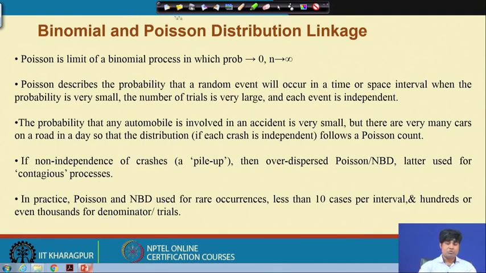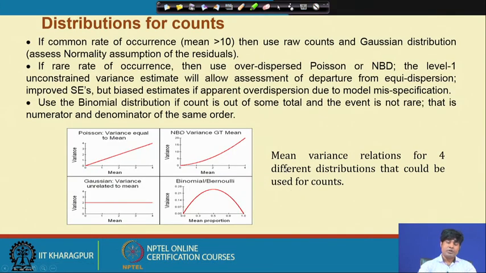Otherwise it is not possible to apply this kind of modeling to study the impact of the independent variable on the dependent variable. So this is the structure of the distributions, and here is what is happening.